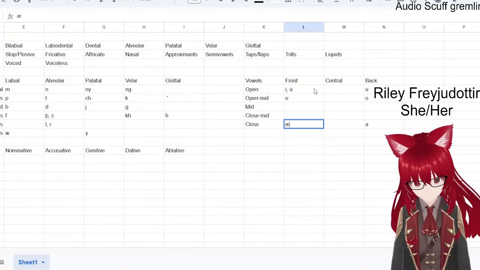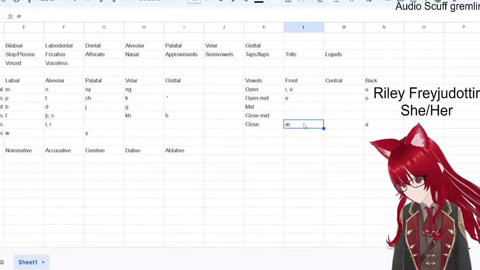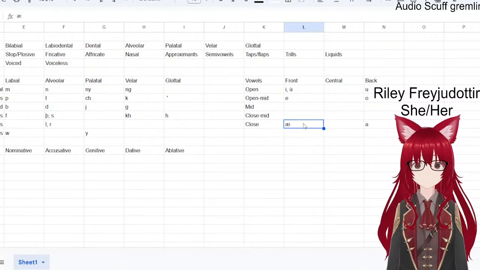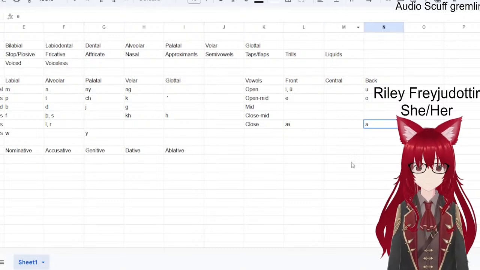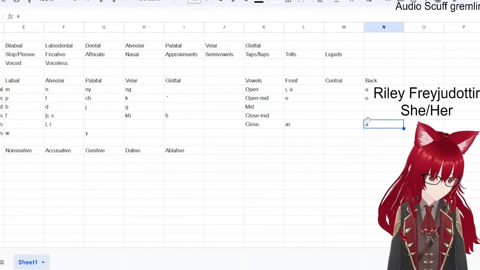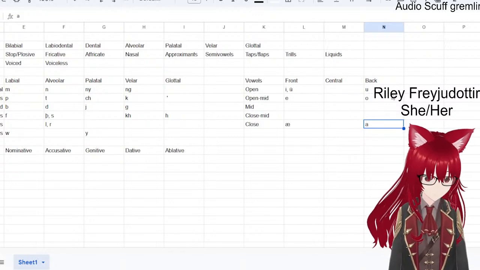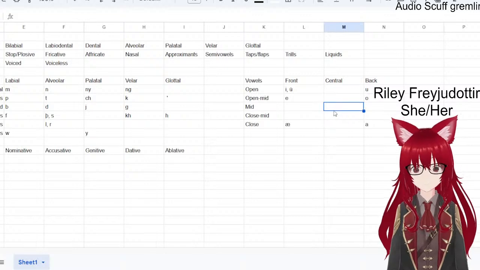So, for instance, this is the vowel in English words like bat or bad or crap. It's called the trap vowel. And then this is a sound like a very posh British person saying the letter O. Again, my horrible attempt at a British accent.